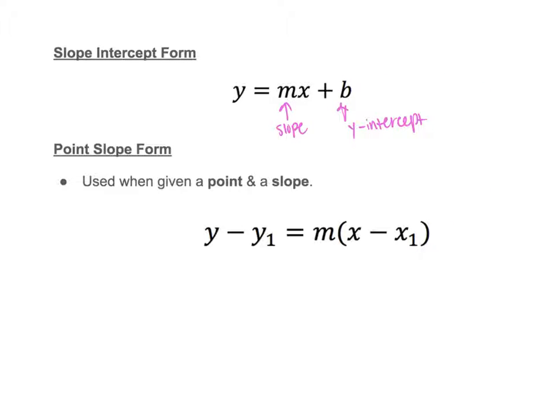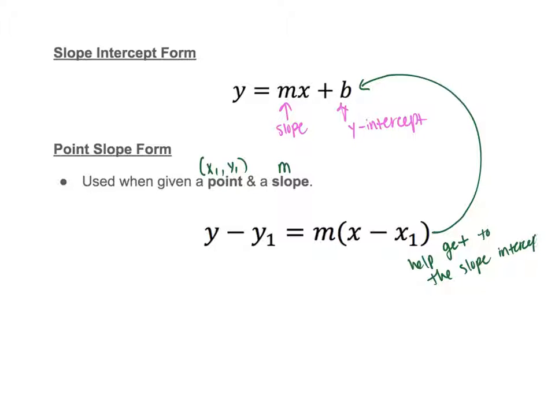So if you were given a point such as (x1, y1) and a slope m, then we can plug the x1, the y1, and the slope into this equation, simplify that, and then get back to the linear form, or the slope-intercept form.